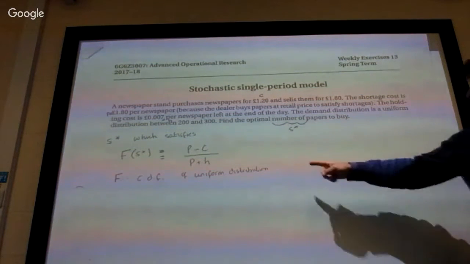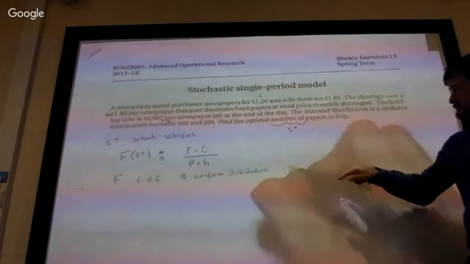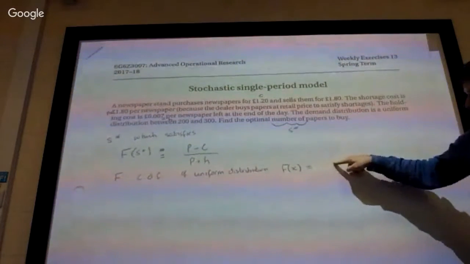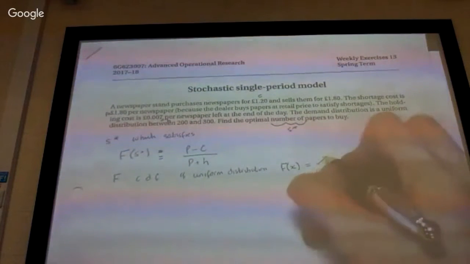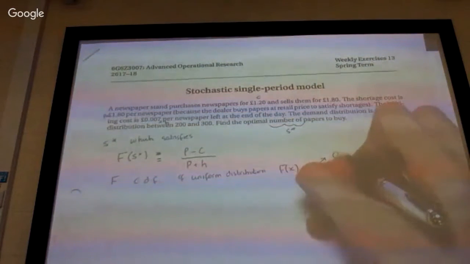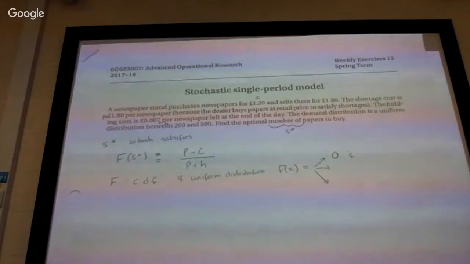Okay, so F of X, capital F, equals, you have 3 cases. It's 0 if X is less than 200.